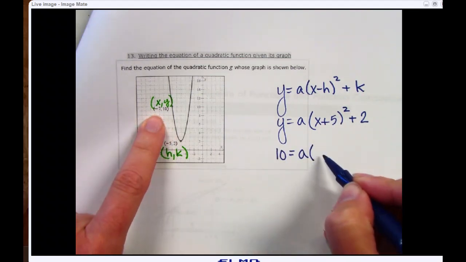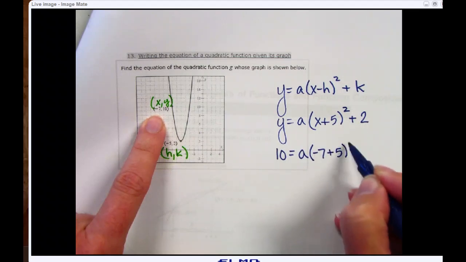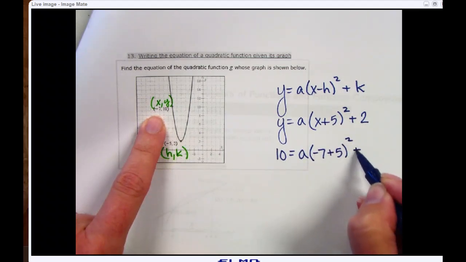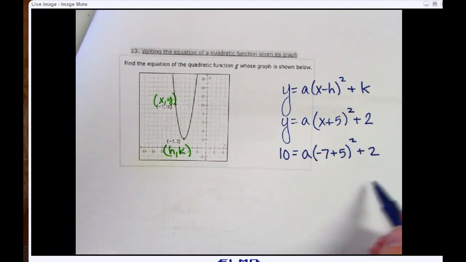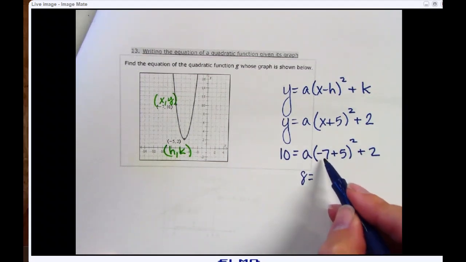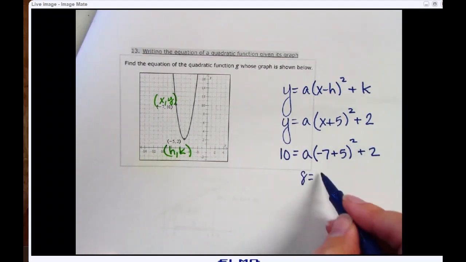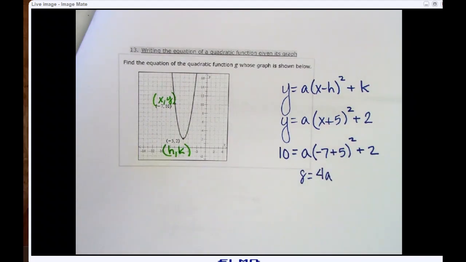Our x is negative 7 plus 5 squared plus 2. I'm just going to move my 2 over here. 8 equals negative 2 squared is 4a. Questions with how I got there?